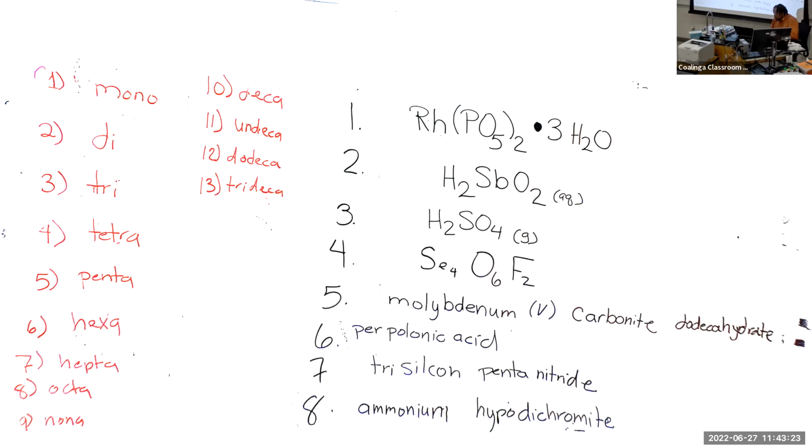So H would be ic. What is this, sulfur? No, there's no hypo. So just sulfur. Yeah, so it would be sulfur.